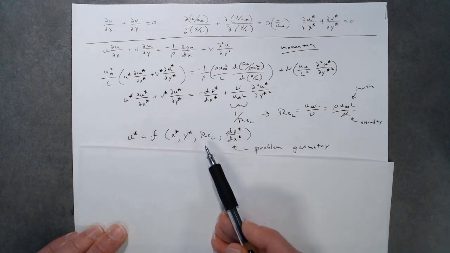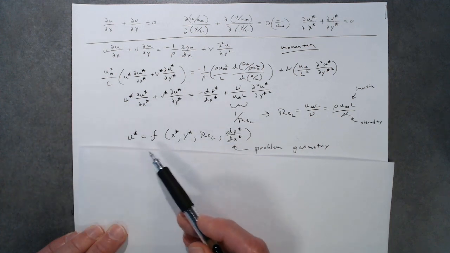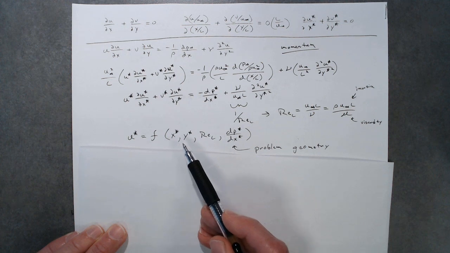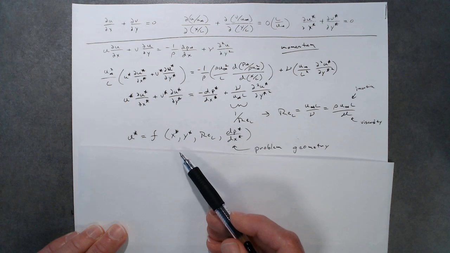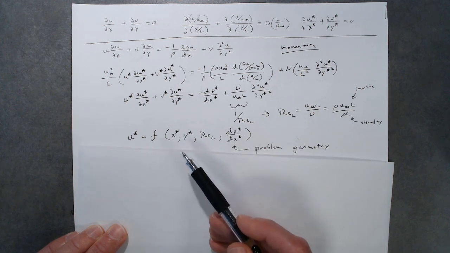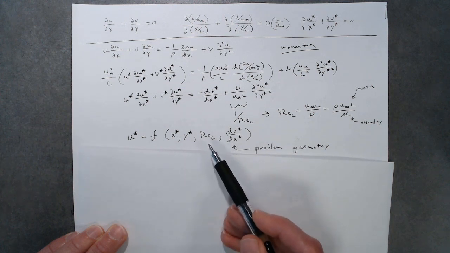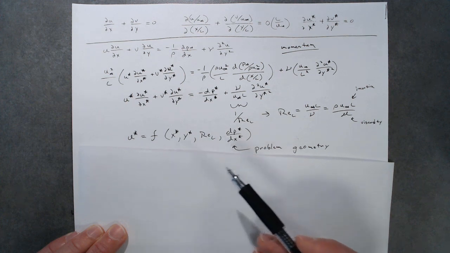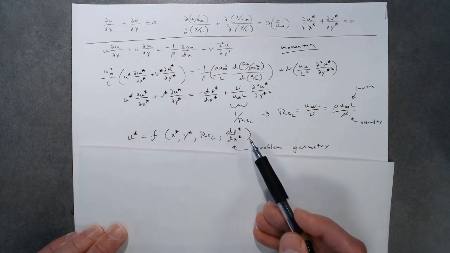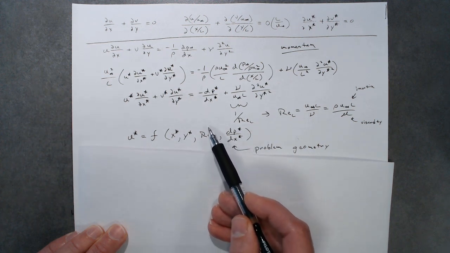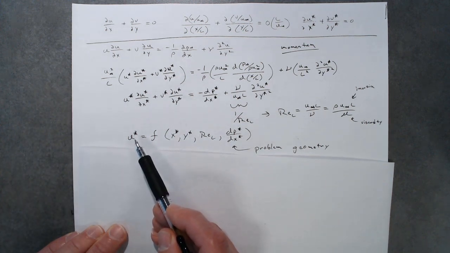And you use this frequently in fluid mechanics. Rather implicitly, you said that you knew what condition the flow was in if you knew the Reynolds number. In other words, if I were to pick a specific position, let's say somewhere in a pipe, and I knew that I had a pipe of a given geometry, let's say it had a circular cross-section, and I knew the Reynolds number, the fact that I was given a pipe with a certain cross-section told me something about what dP star dx star was, and if I knew the Reynolds number, then you could tell me whether the flow was turbulent or laminar.